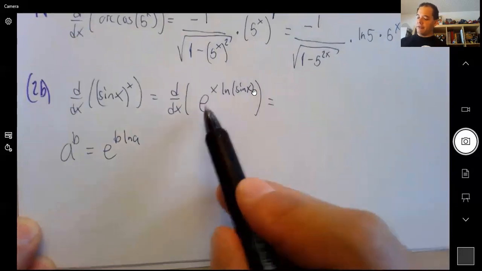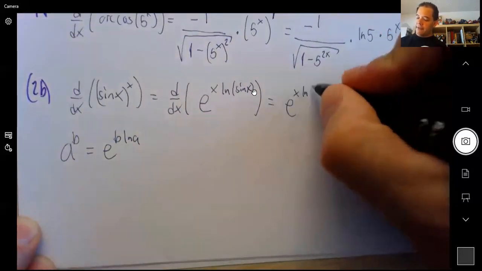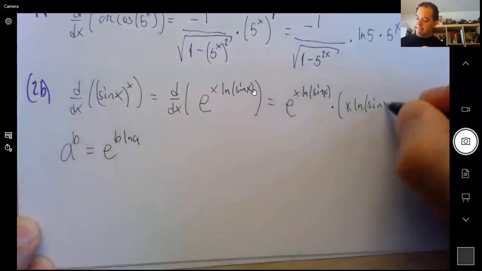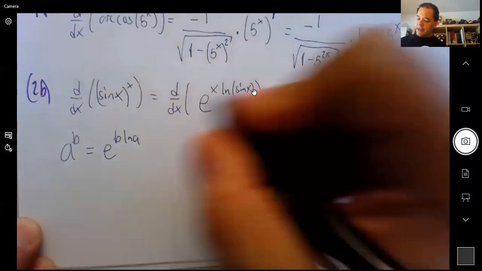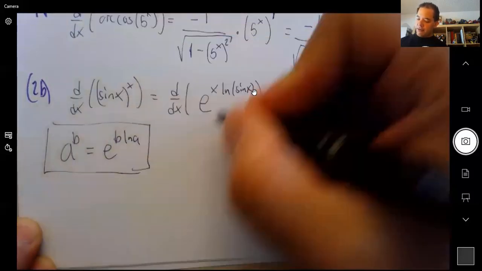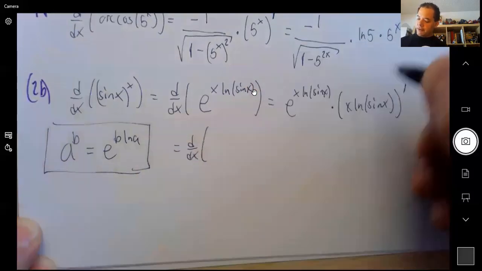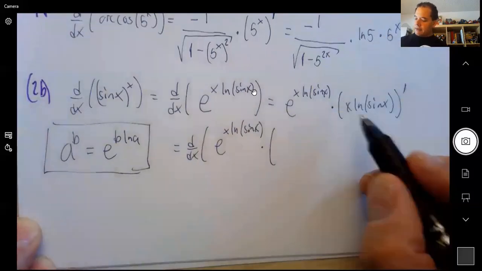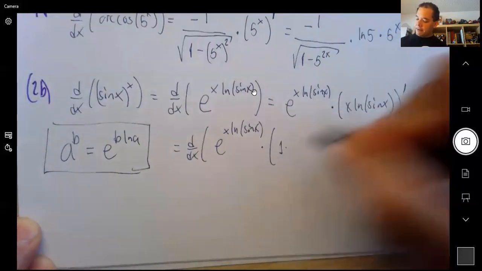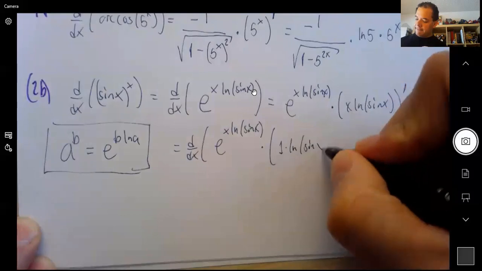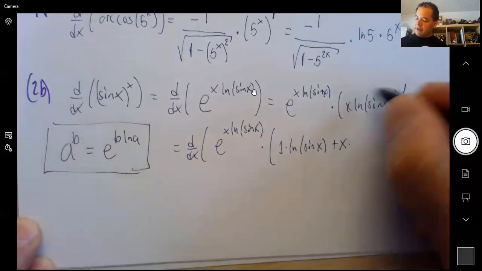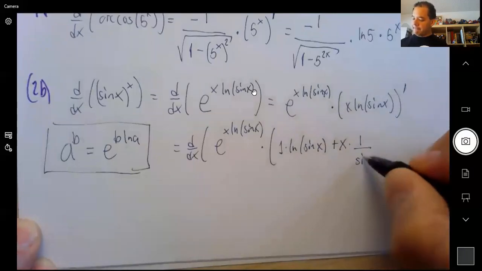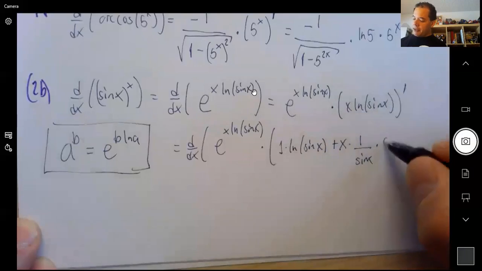The derivative of e to the something is e to the something, times the derivative of this. And you would do that by using now the product rule. So it's e to the x ln of sine x times the derivative of x, which is 1, times ln of sine x, plus x times the derivative of ln of sine x. The derivative of ln is 1 over the argument, times the derivative of sine, which is cosine.